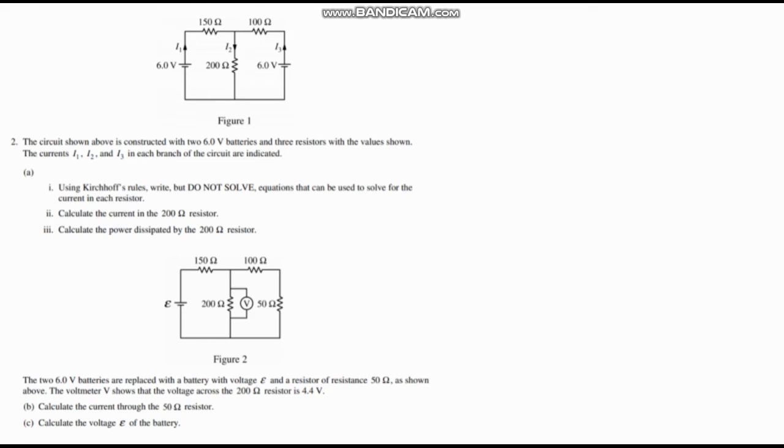Okay, now calculate the power dissipated by the 200 ohm resistor. So we know power is equal to I squared R, and we know we just solved for I, and we know that R is equal to 200 ohms, and I is 0.023 amps. So we could just plug that into the equation.